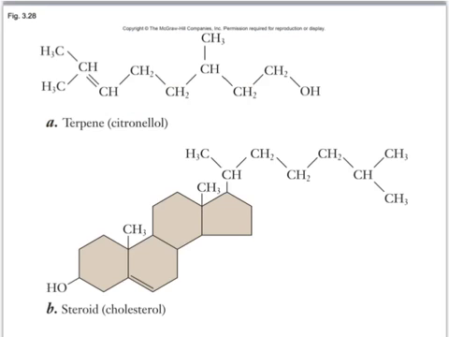Okay, other classes of lipids, terpenes, big long chains of carbons and hydrogens, all right, and you see these all over the body. Vitamins, vitamin D's, vitamin A's, retinol, things that help you see, you'll find that. But again, they're fats because it's mostly carbon and hydrogen, very little oxygen. And we probably recognize this, cholesterol.